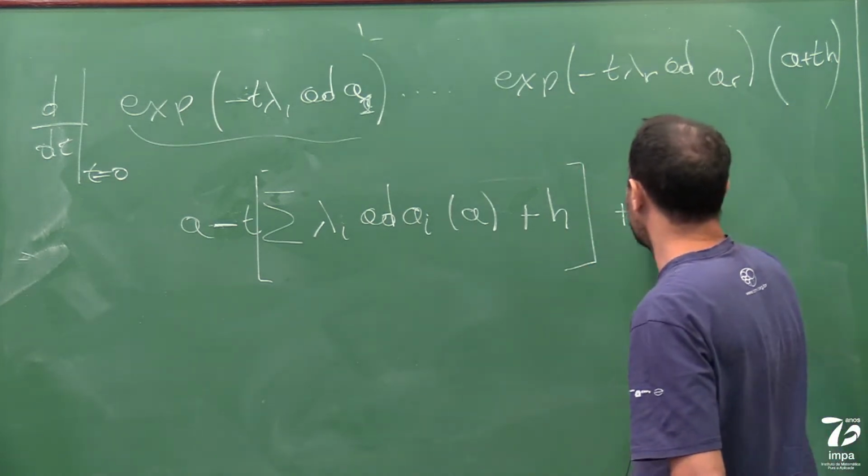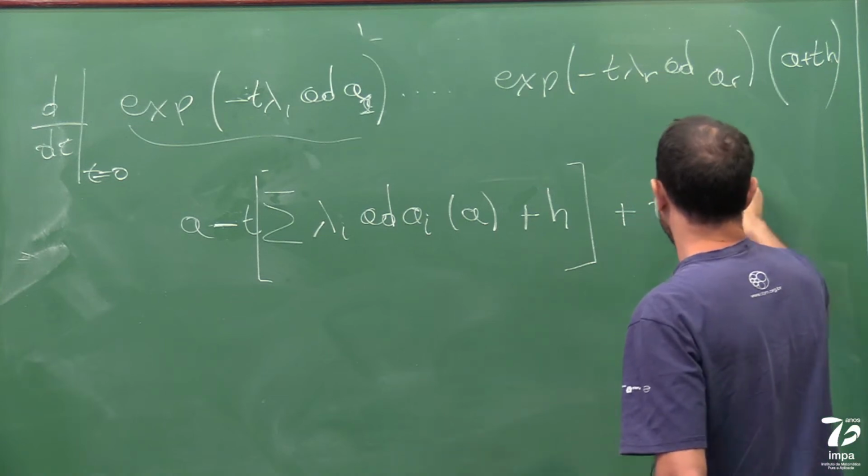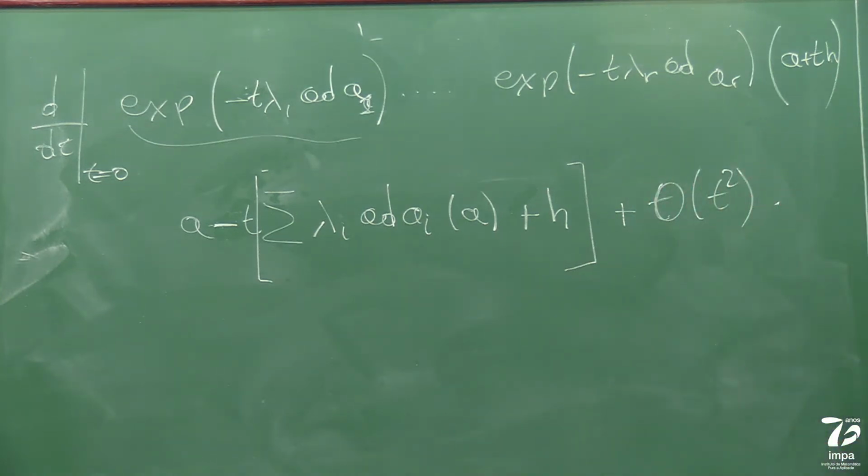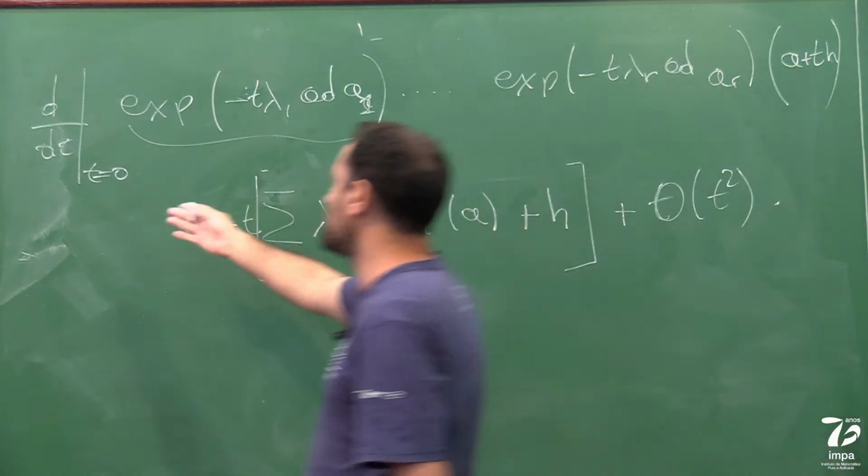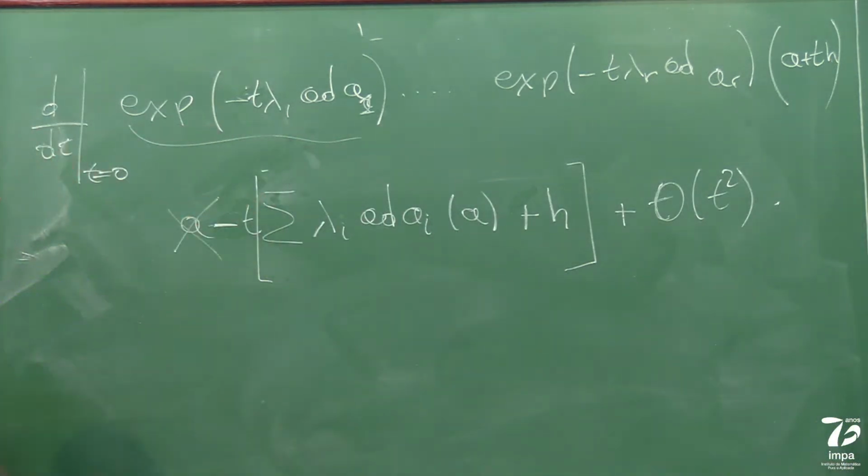And then the rest is of order t squared. So now I take the derivative of this with respect to t, so the higher terms die, and I put t equal to 0.